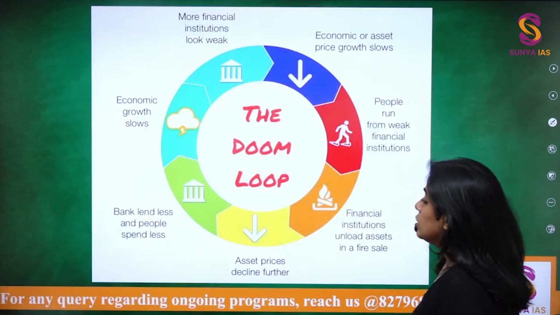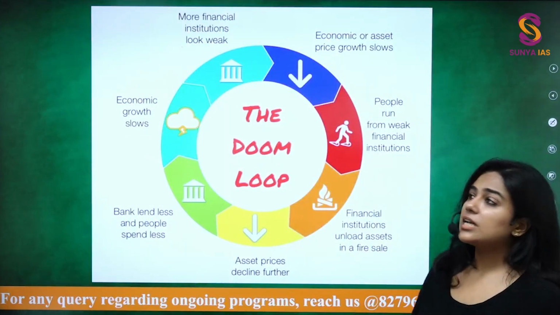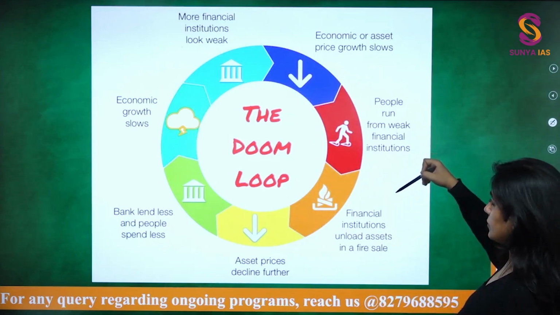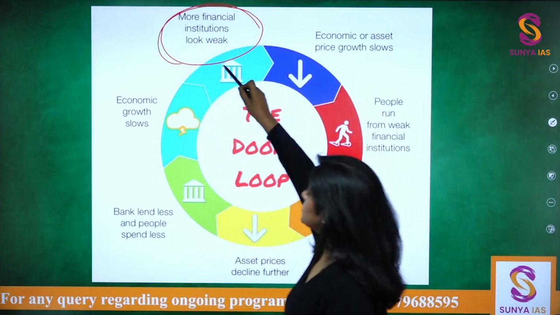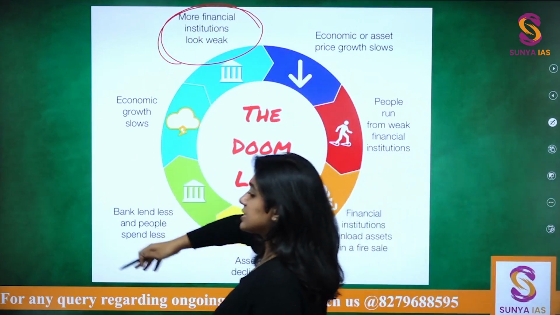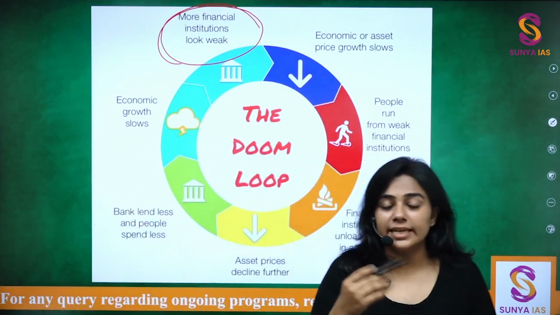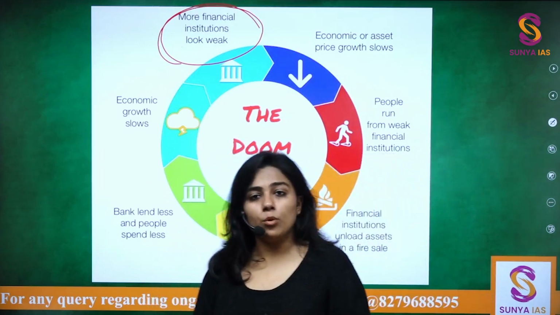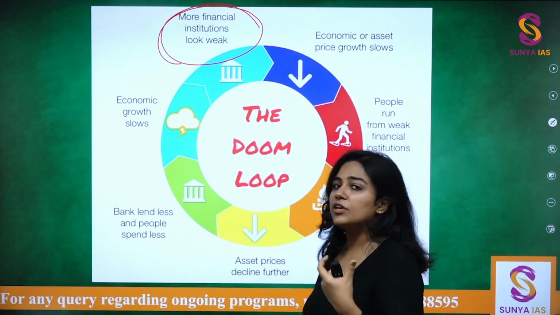Okay. So look at this chart. When you look at this chart, you see where it starts from. When the doom loop starts, the banks which were investing earlier in government bonds, listen very carefully because it can get a little complicated, the banks which were investing more in the sovereign bonds earlier will start appearing weak.